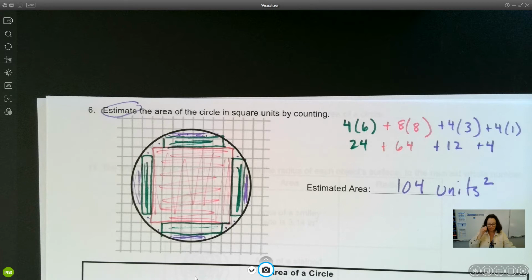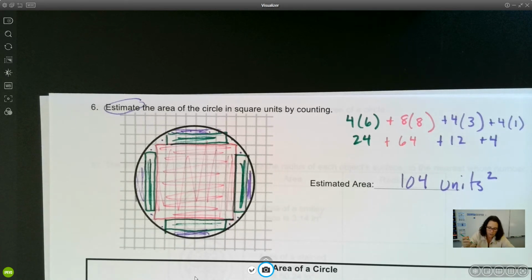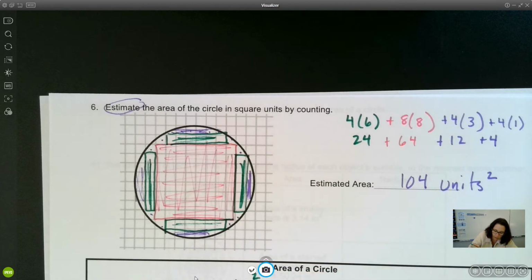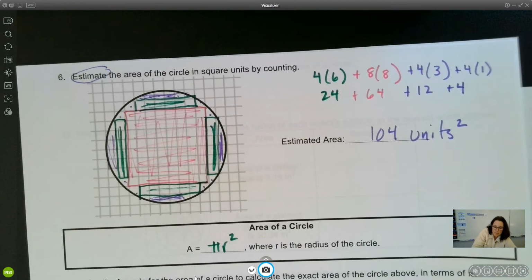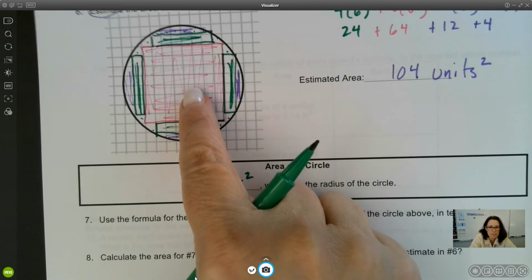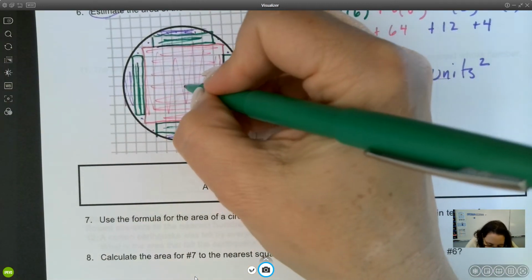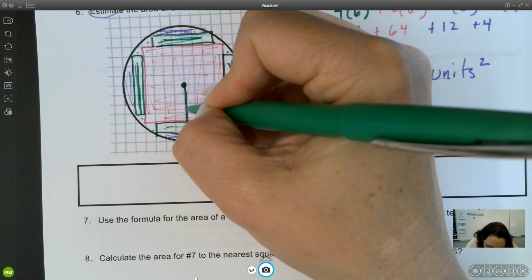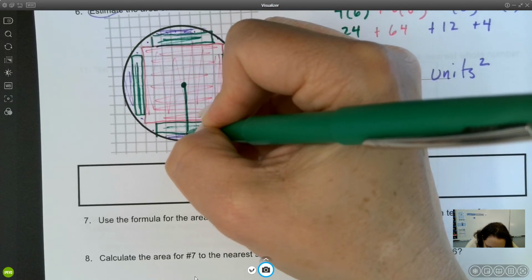All right. So the area of a circle, pi r squared, we calculated on the last page. It says use this formula now to calculate this. Well, let's look at the radius. 1, 2, 3, 4, 5, 6.